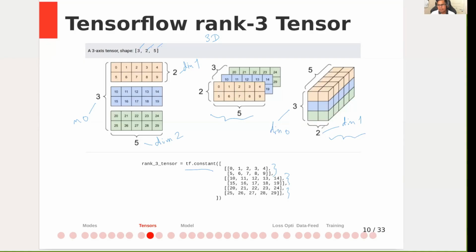And then this is the second dimension, or dimension 1, and this is the number of columns. So this is the third dimension, or dimension 2, and this gives the number of slices, or it can be the number of channels, for example, in an image, or it could be the depth.